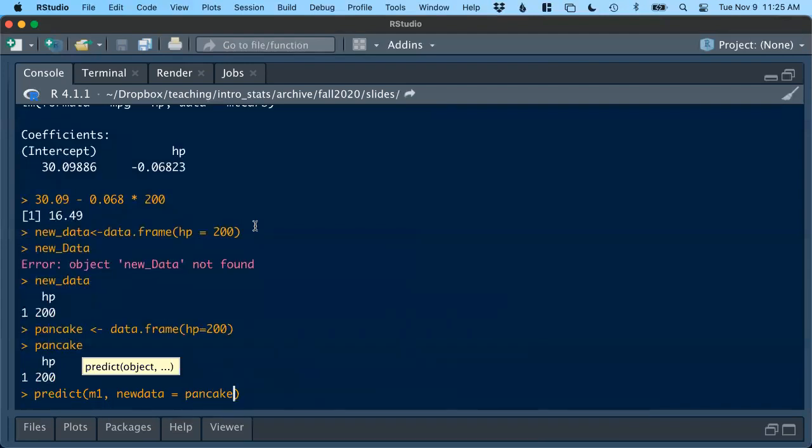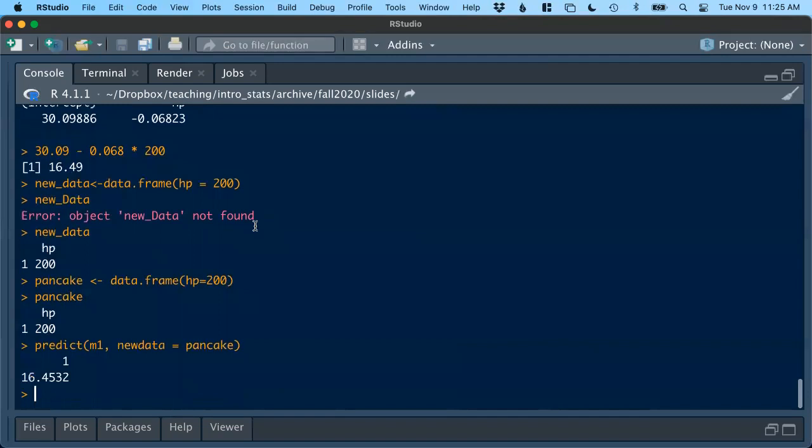What it's going to do is generate regression model predictions for every element of new data. It's going to run it through the model and give us predictions. So this will automatically apply the regression formula to our supplied new variable.